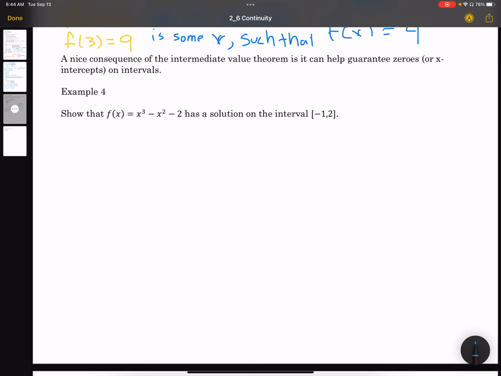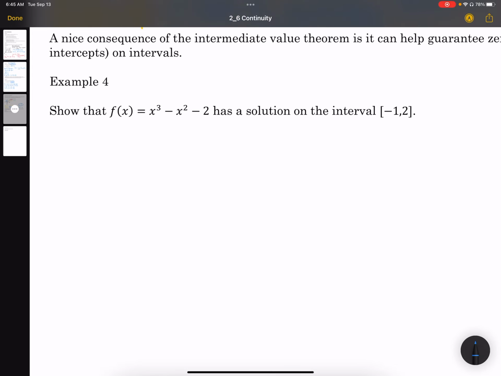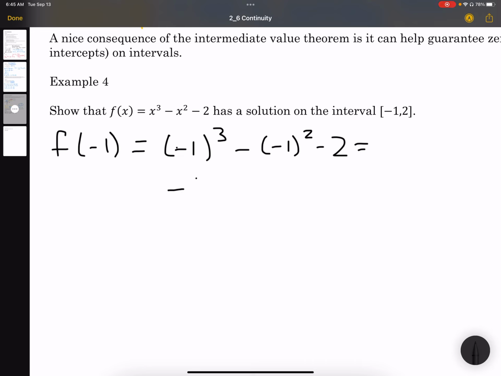So for our fourth example, the intermediate value theorem can be used to justify that a function has x-intercepts or zeros on a particular interval. So what we have to do is show that the function f of x equals x cubed minus x squared minus 2 has a solution on the interval -1 to 2. So first, what we need to show is f of -1. So f of -1 is -1 cubed minus -1 squared minus 2, which is -1 minus 1 minus 2, which equals -4.